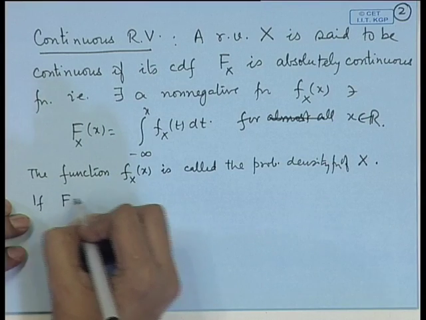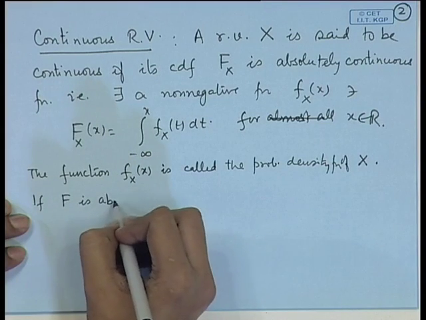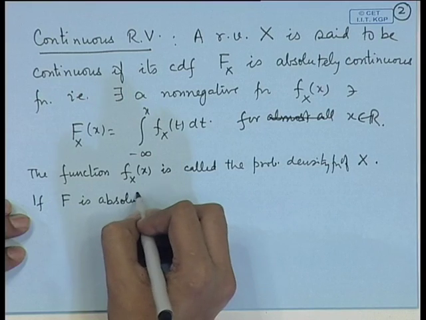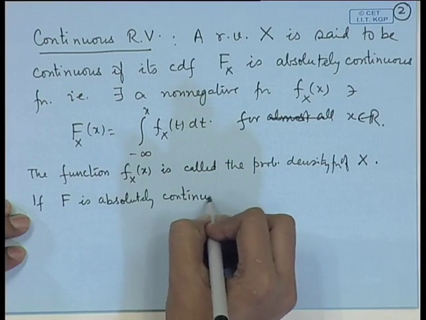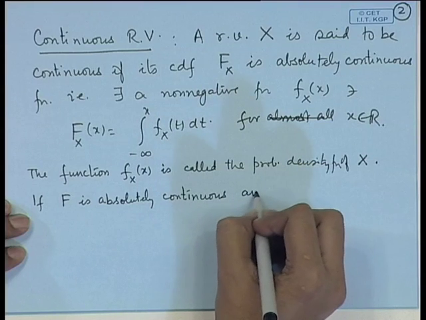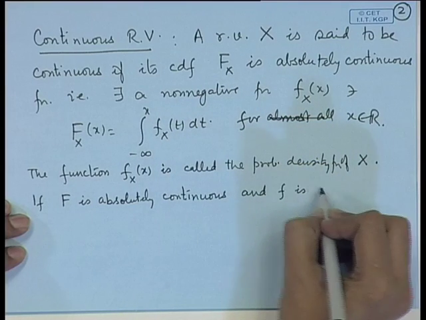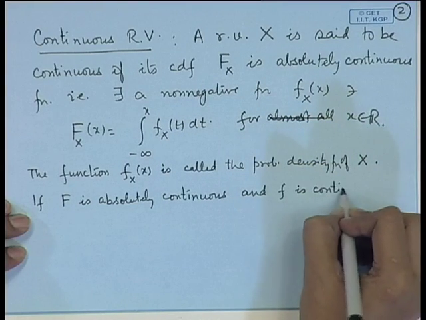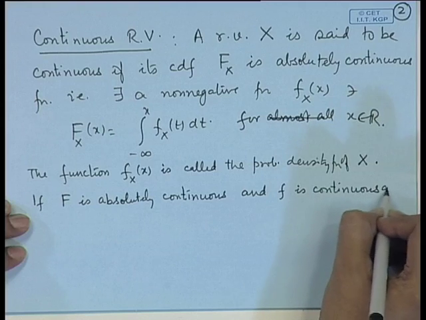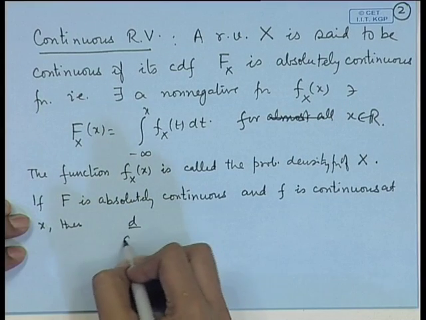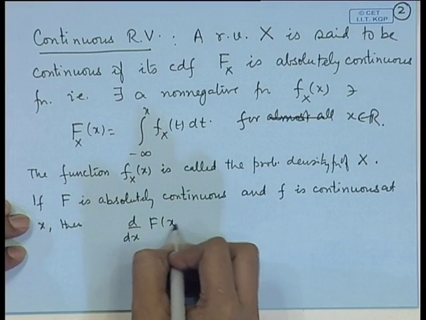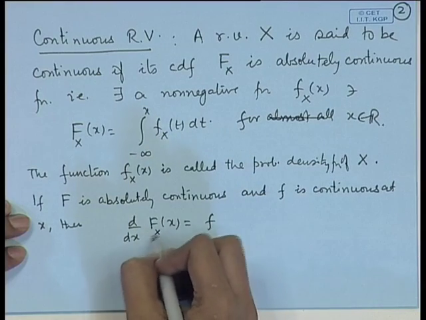If F is absolutely continuous, and F is continuous at x, then d by dx of F(x) is equal to small f(x).